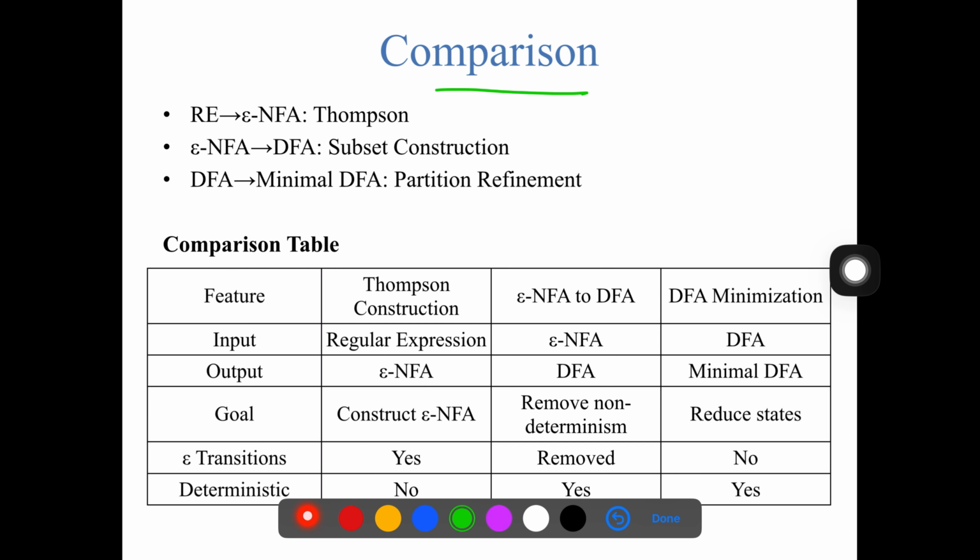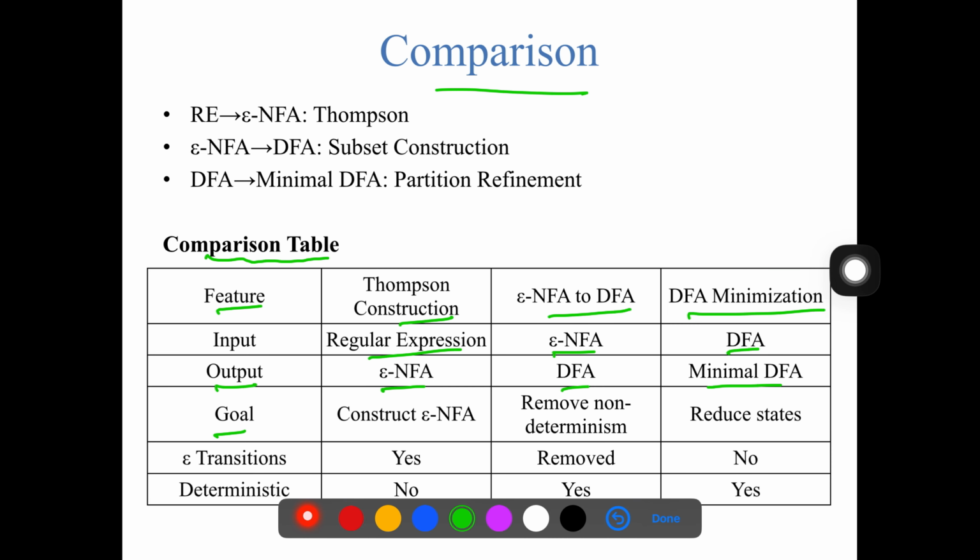Comparison table, you can see features: Thompson's construction, epsilon NFA to DFA, DFA minimization. Inputs are regular expression, epsilon NFA and DFA. Output: epsilon NFA for Thompson's construction, DFA for epsilon NFA to DFA, minimal DFA for DFA minimization.